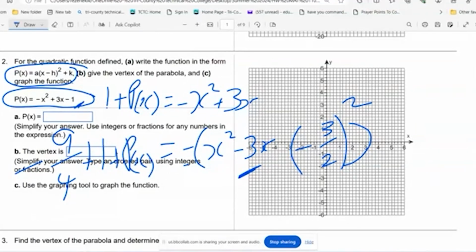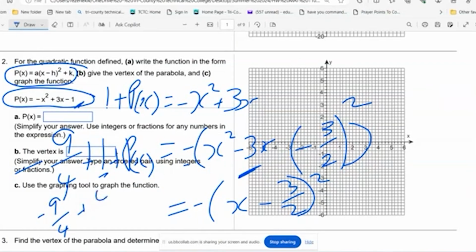And then the next thing I want to do is open the parentheses. I have x, take one of this and take one of that, 3/2, and that is squared outside. Simplify what is in the left hand side. So 9/4 plus 1 is the same as 9/4 plus 4/4.